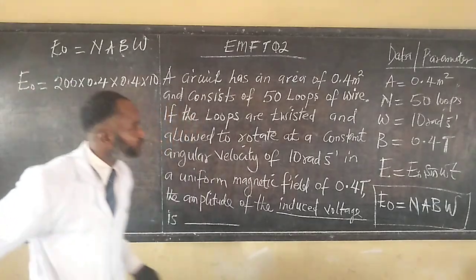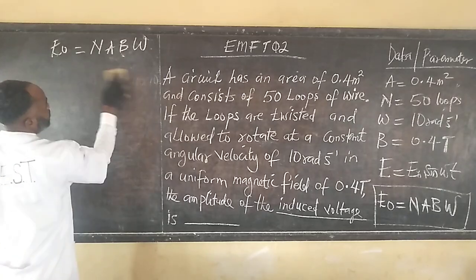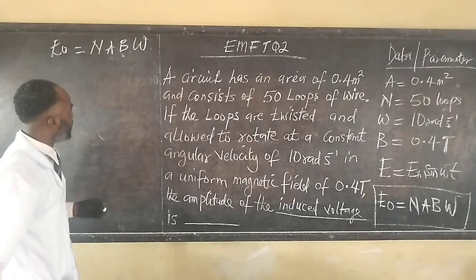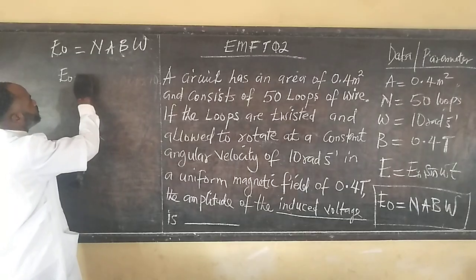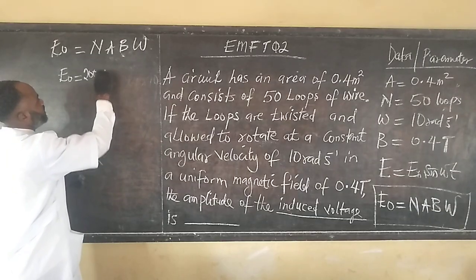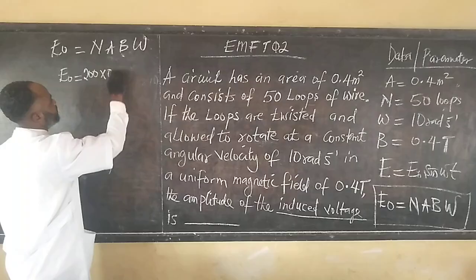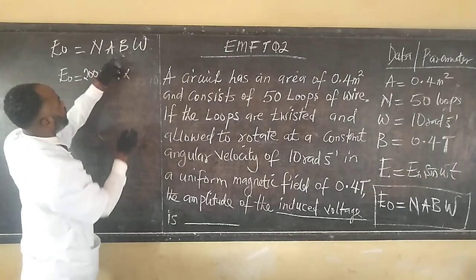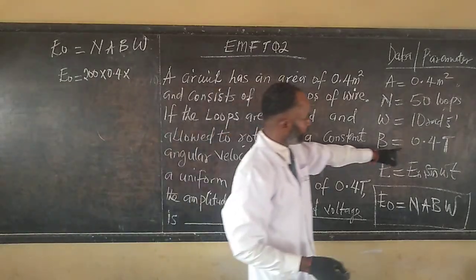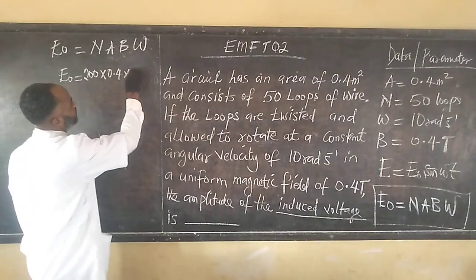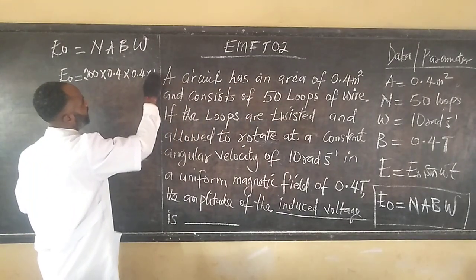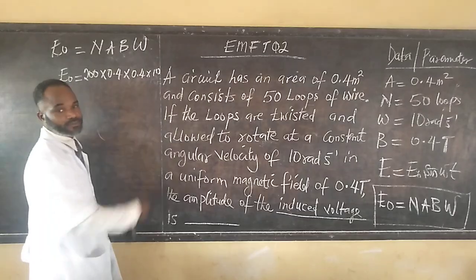Okay, so for us to get this right, E naught is equal to 200, 0.4, 0.4, times 10.